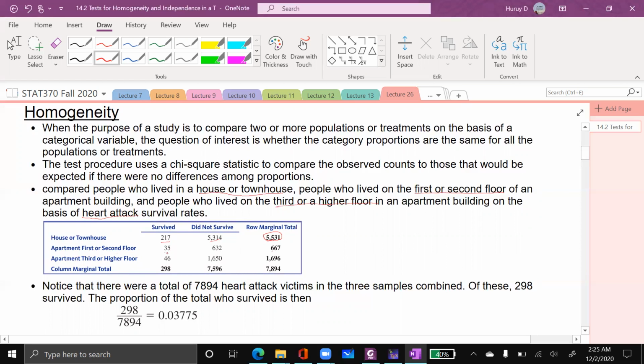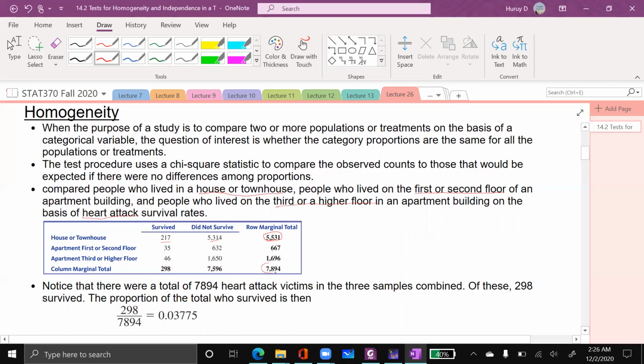Out of these, 35 survived, and the remaining didn't. And on the third or higher floor, we have 1,696, and 46 of them survived, and the remaining did not. The total number of survivors is 298, and those who didn't make it, 7,596.